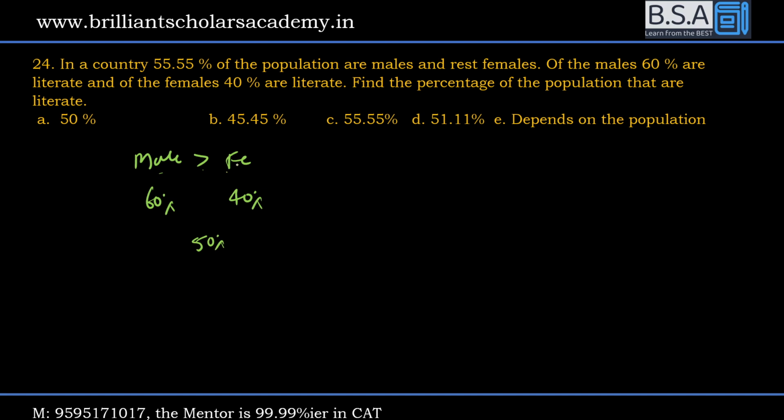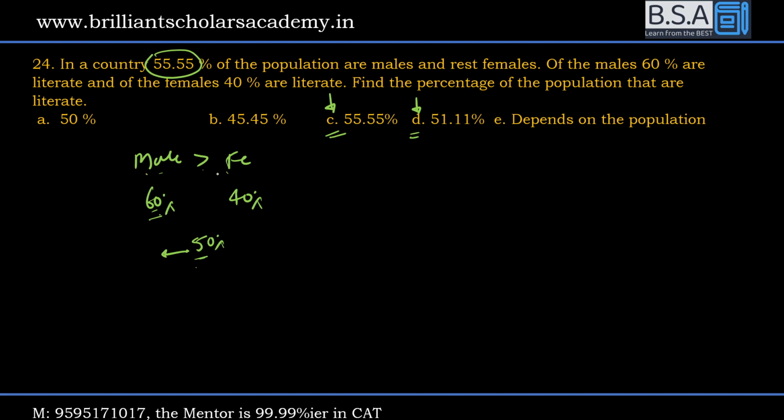Now, because there are more males, can I say literacy will increase beyond 50? What number lies between 60 and 50? Any one of these can be my answer. If there was only one answer option in the range of 60, 50, I will mark the answer and move on. Is the logic clear to you?